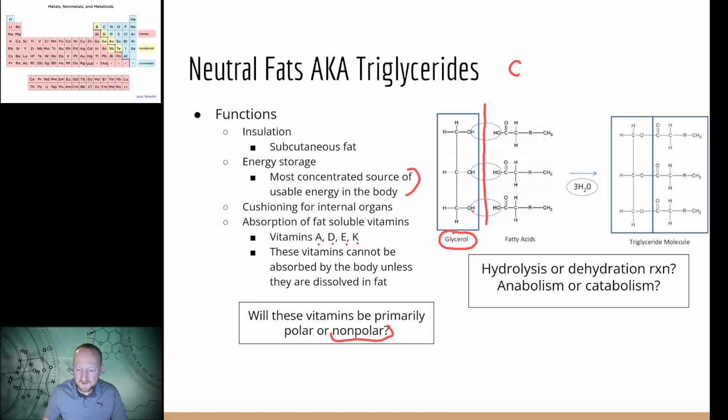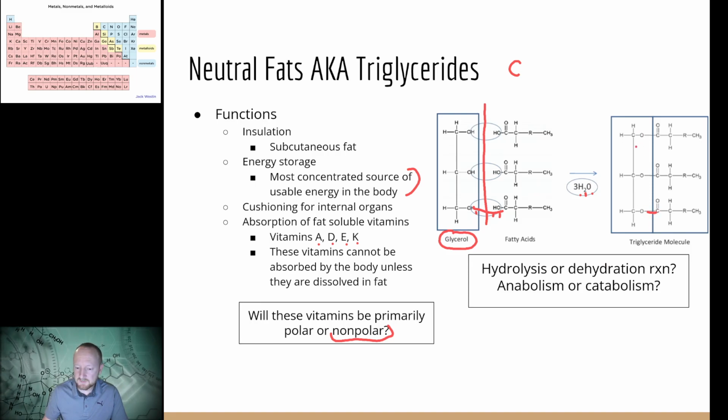We see we have H1, H2, and O. So we're removing this hydroxide plus this hydrogen to allow this carbon to bond straight with that oxygen, which we see over here. This is that same bond. So it's a dehydration reaction of removing water and forming this triglyceride.